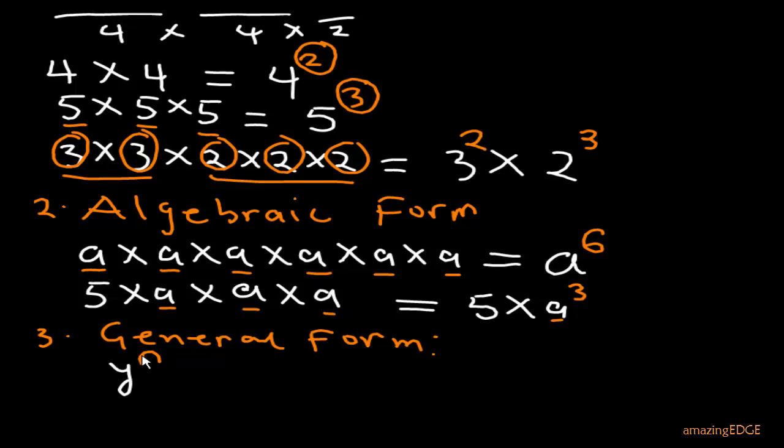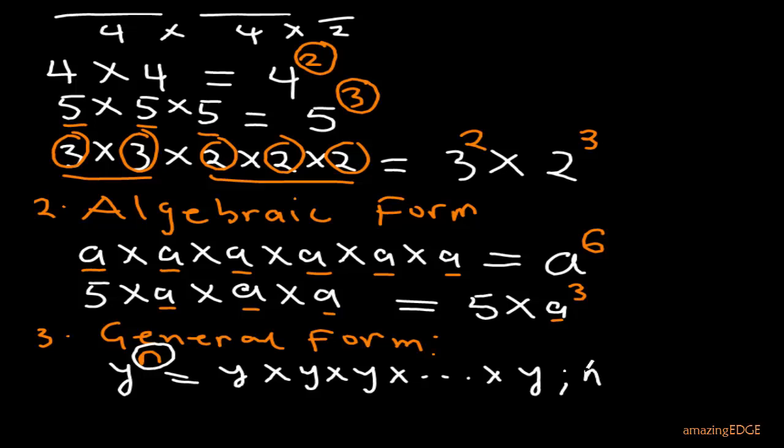So this will give us a repeated multiplication of y by itself. So we have y times y times y, times, the dots mean the multiplication continues up to n, so times y. Recall that this n can be any value. Like for instance, our n can be 1, it can be 2, it can be 3, and so on. Fine, that's what we have.